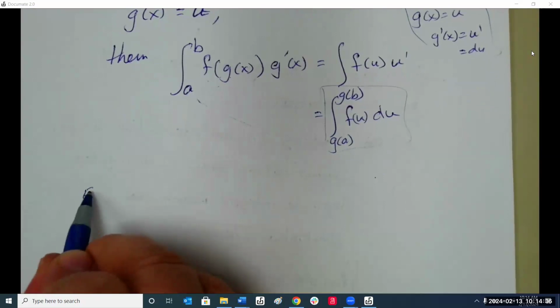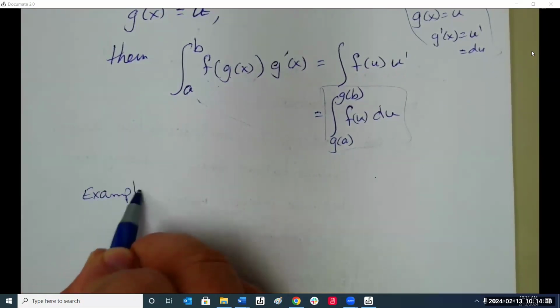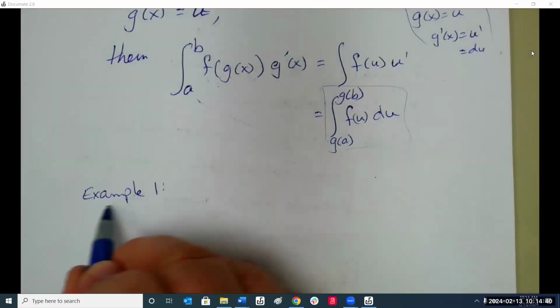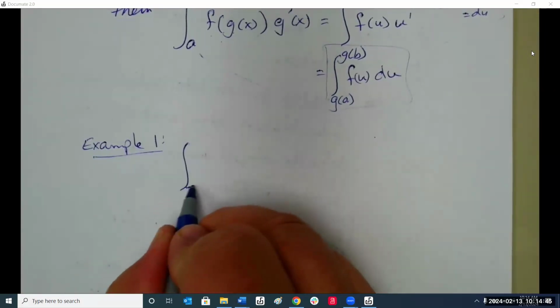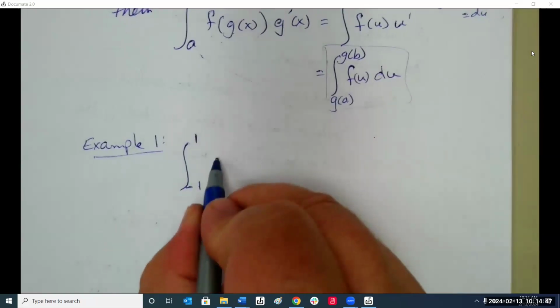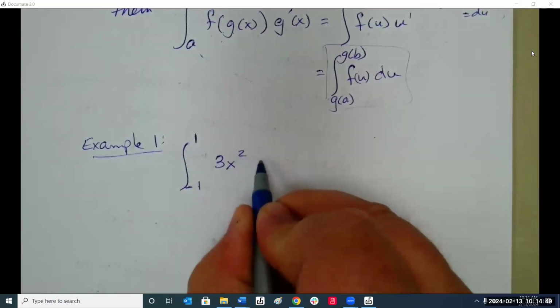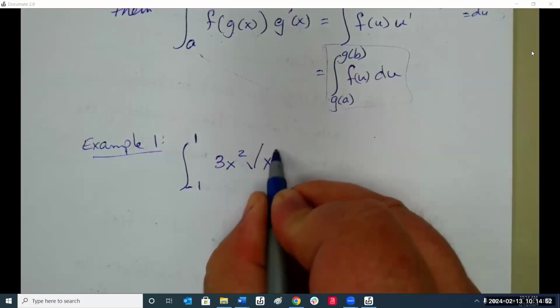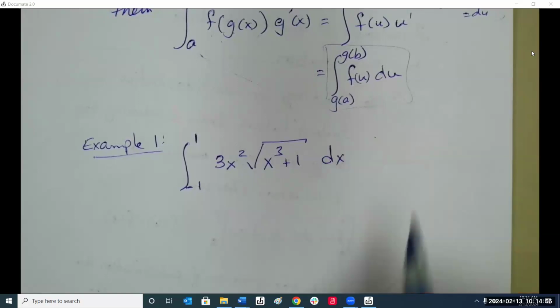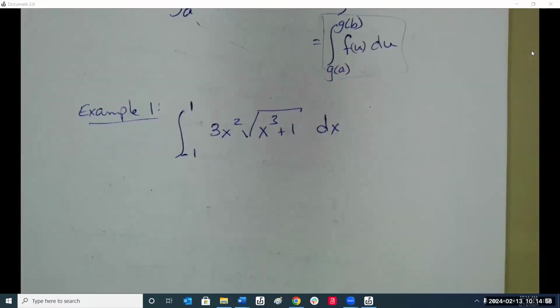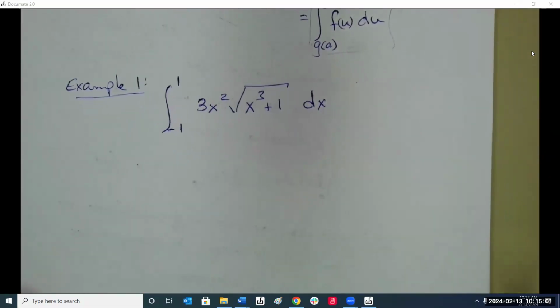Let's look at example 1. Evaluate the integral from -1 to 1 of 3x squared times the square root of x cubed plus 1 dx. All right, so first we have to check whether it matches that condition.